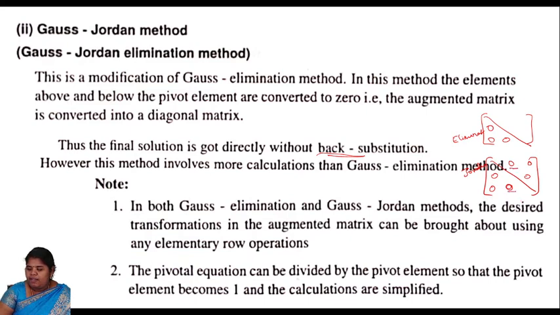For example, if we are having 2 here, and we use 2 to make entries 0 in row 1 and row 3, then this 2 is our pivot element. Mostly we convert the pivot elements to 1 so that the calculations are simplified.